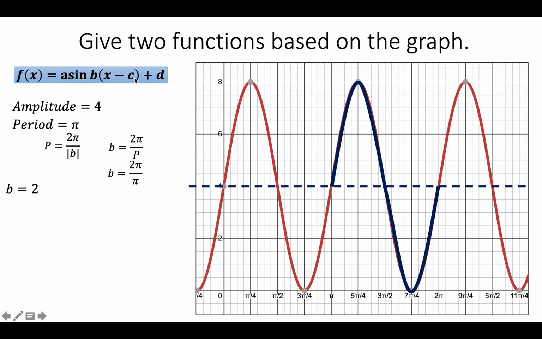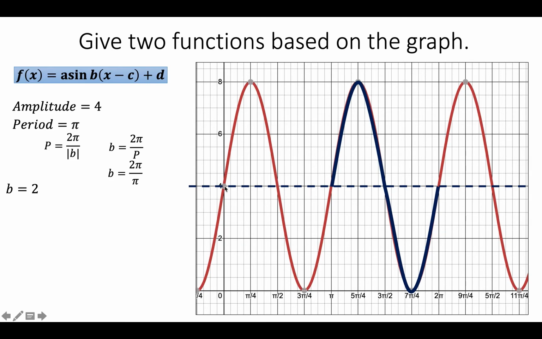We just want to find the value of C. Well, this is very easy. To find the value of C, just know where we started. We started at pi, and that's now the horizontal translation.